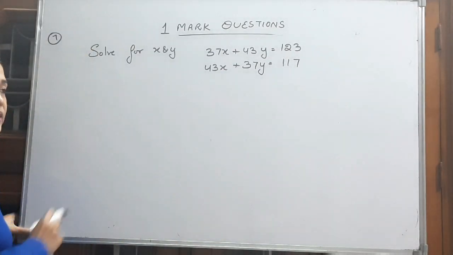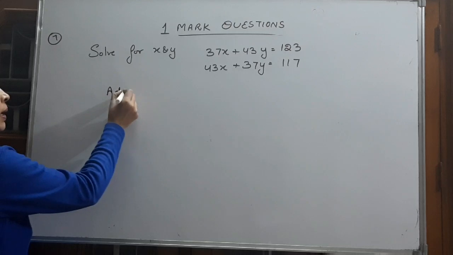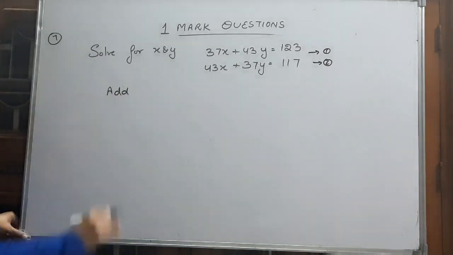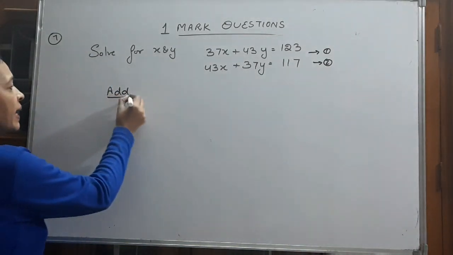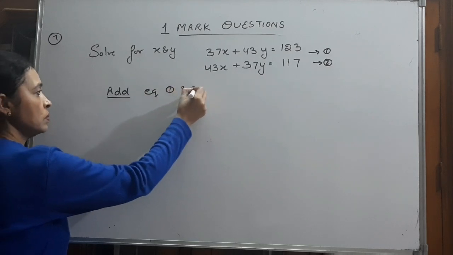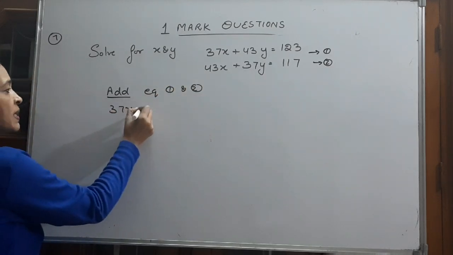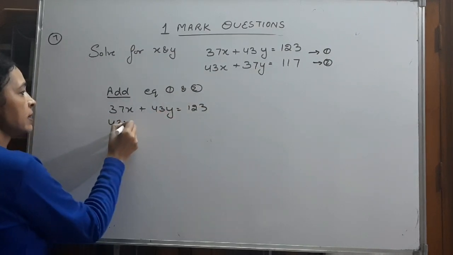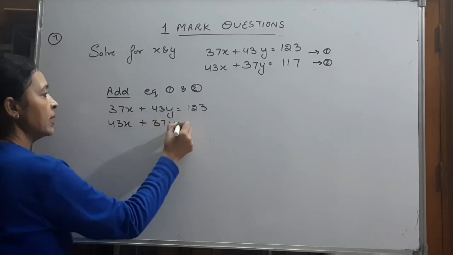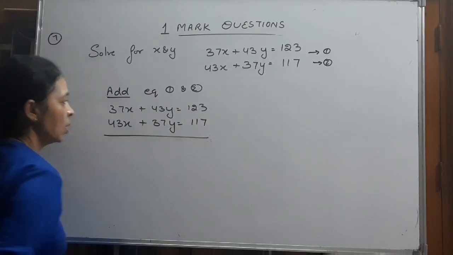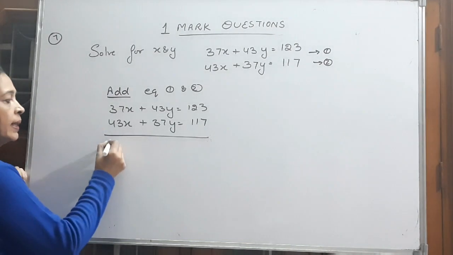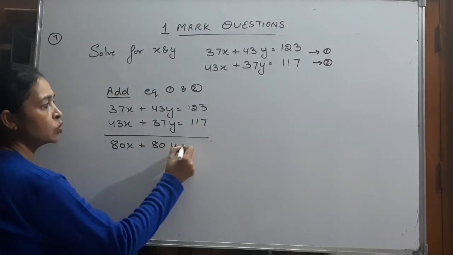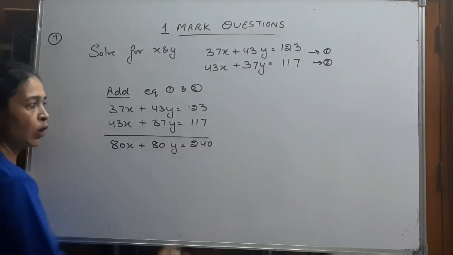Now, how will we solve this type of question? Let this be equation 1 and this be equation 2. If you have this type of linear equations, first add equations 1 and 2. 37x plus 43y equals 123 and 43x plus 37y equals 170. 37 plus 43, 80x, plus 43 plus 37, 80y, equals, here we have, 293.